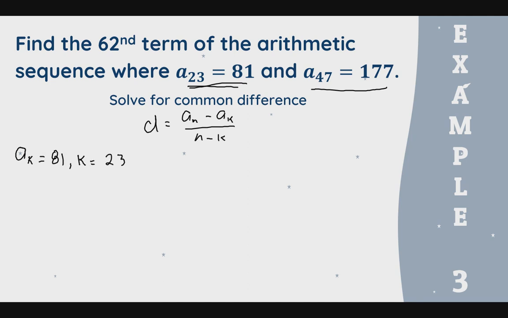Next, if a sub n is equal to 177, then n will be equal to, very good, 47. Now, going back to the formula, let us now solve for the common difference, which is a sub n minus a sub k.